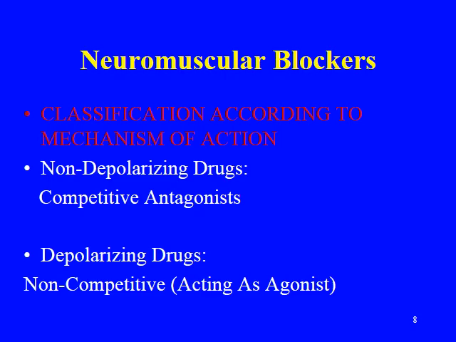The second category is depolarizing drugs. This means that these are the drugs which make the membrane depolarize. There will be an action potential. They are non-competitive but act as an agonist. So these are the drugs which act as an agonist of acetylcholine receptors, the nicotinic receptors.